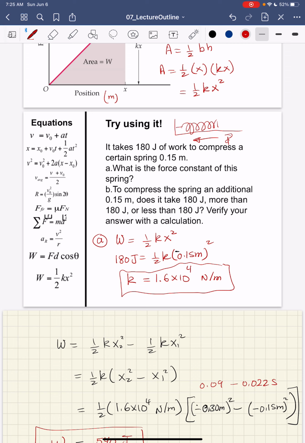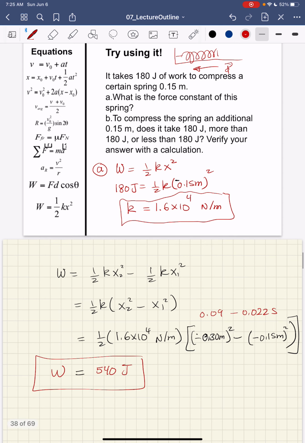Now, to compress the spring an additional 0.15, does it take 180 joules, more than 180 or less than 180? Verify your answer with the calculations. Now, I will say, in order for me to compress an additional 0.15, my initial compression was 0.15 meters.